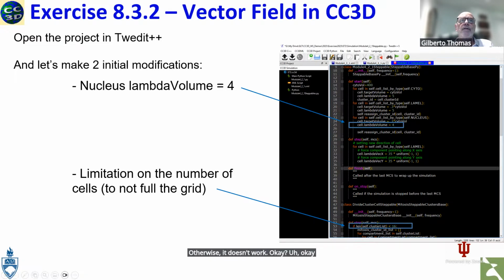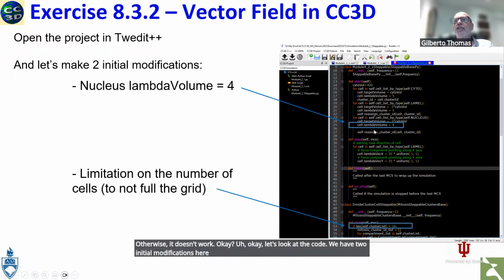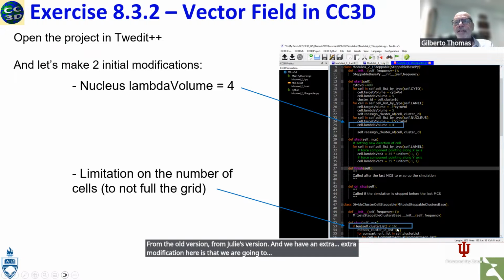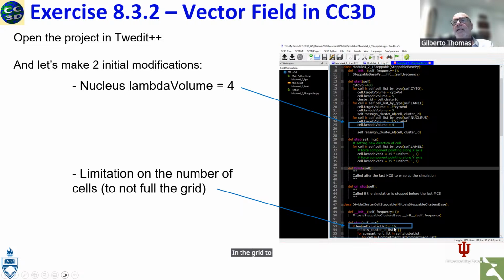Okay, let's look at the code. We have two initial modifications here that will change the cell lambda volume to 4 from the old version, from Julio's version. And we have an extra modification here that we are going to limit the number of cells in the grid to 15 or 16.